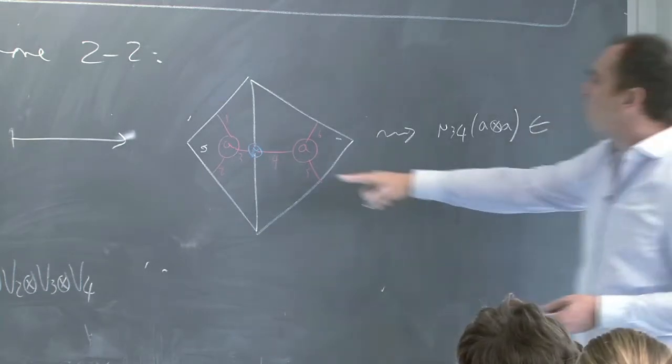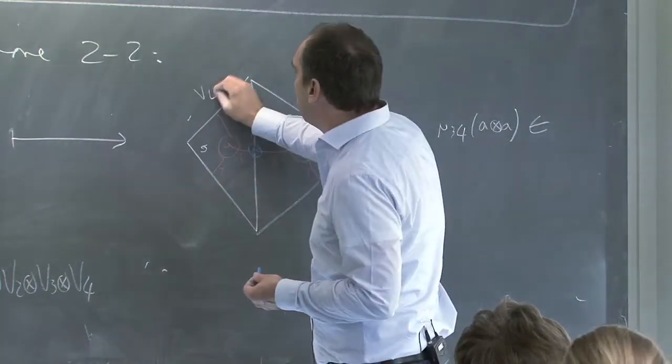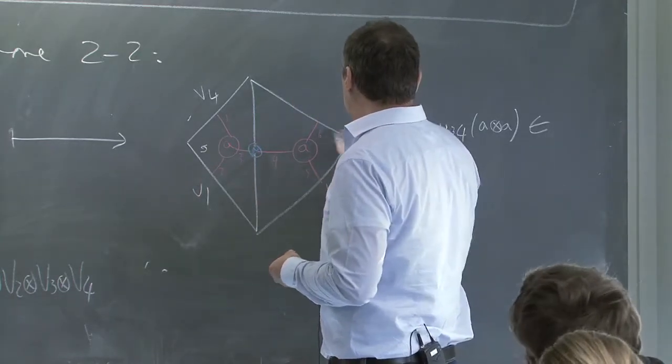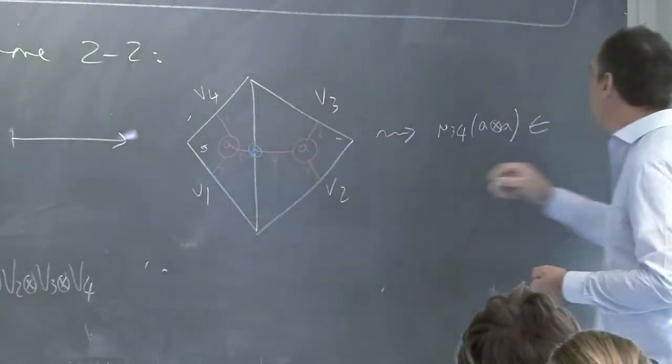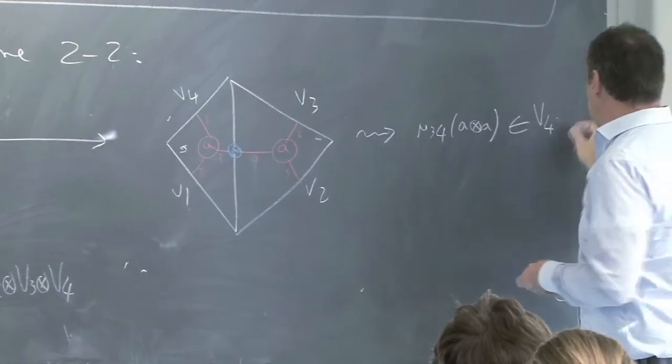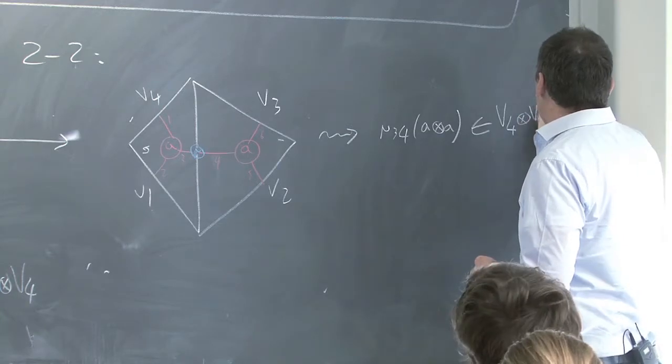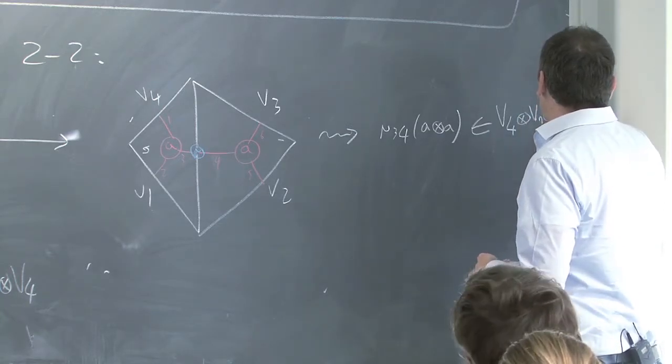But in what? Here we have V4, V1, V2, V3. But this is in V4 tensor V1, V2 tensor V3.